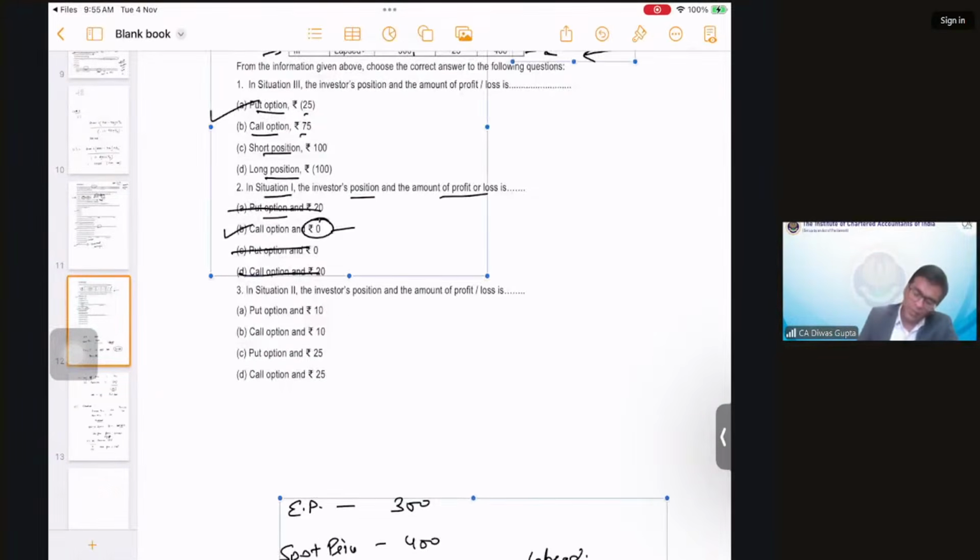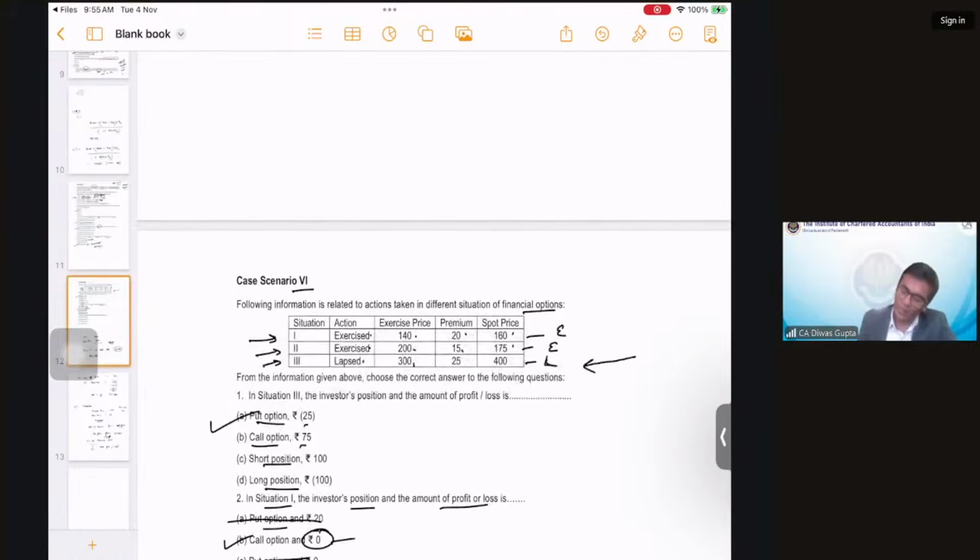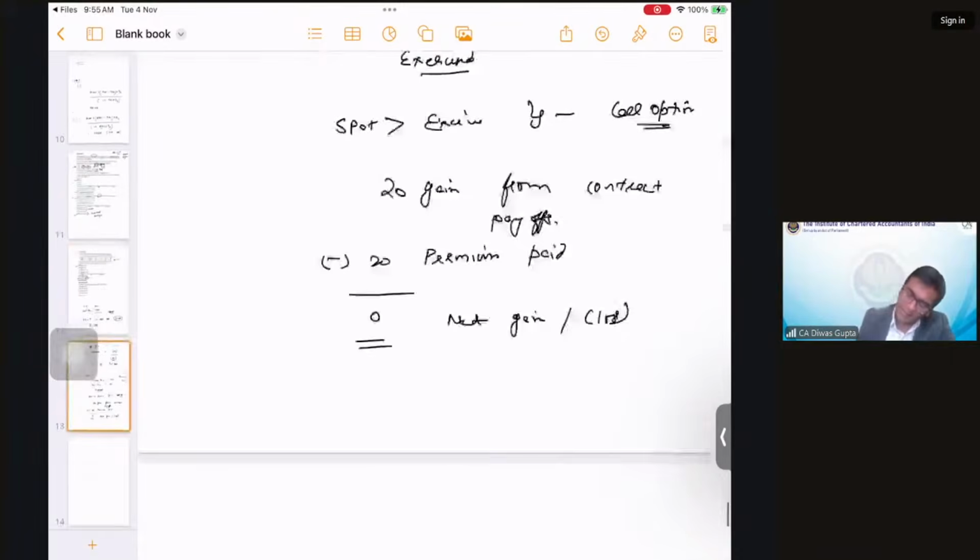The last situation, students, situation number 2: the investor position and the amount of loss. So let's write the situation first.